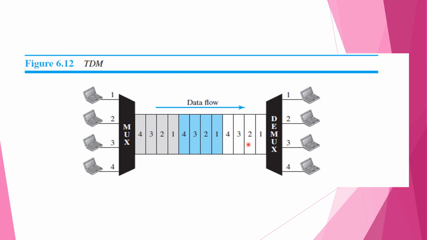So TDM is a digital multiplexing technique for combining several low data rate channels into a high data rate channel. Across the demultiplexer block, once again we can get back our original digital signals, that is 1, 2, 3 and 4.